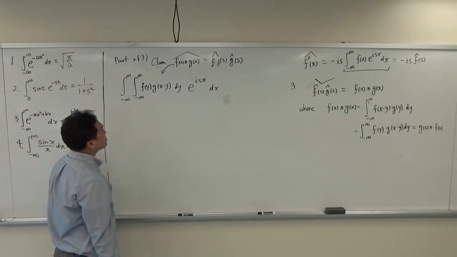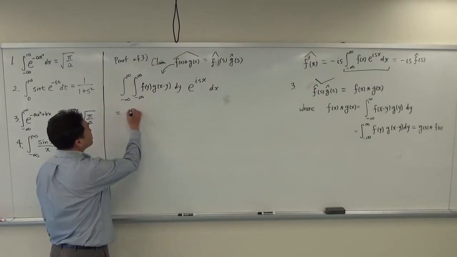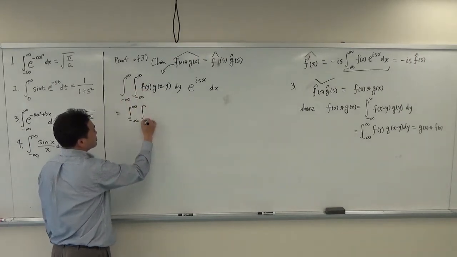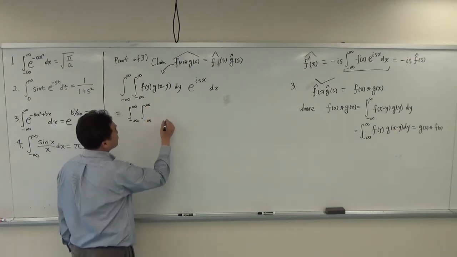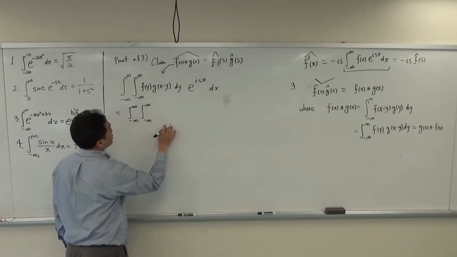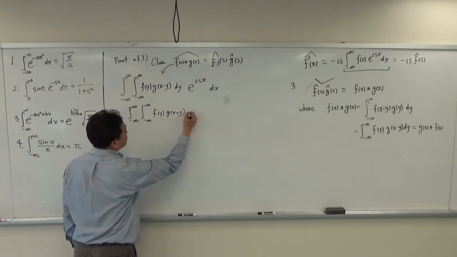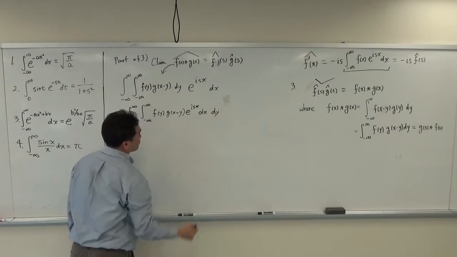All right. So what I'm going to do is switch the integrals around, and that's again a big no-no. So this one goes outside. Well, they look the same, so you might not see what's happening. But what's really happening is that I'm pushing the dy outside. So it's f(y) g(x minus y) e to the isx, and dx is done first and dy is done next.